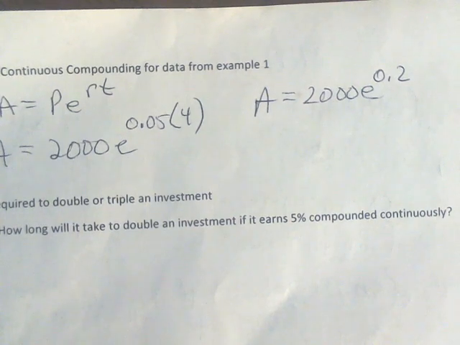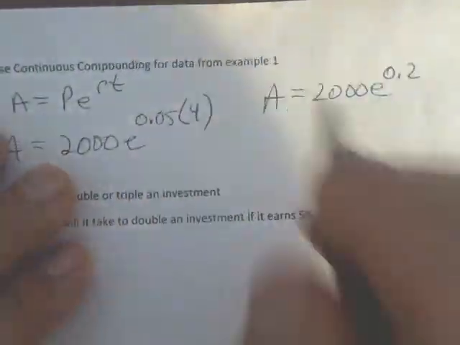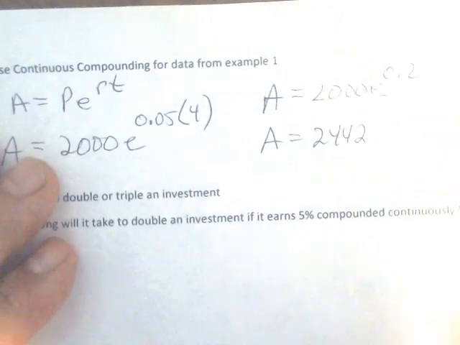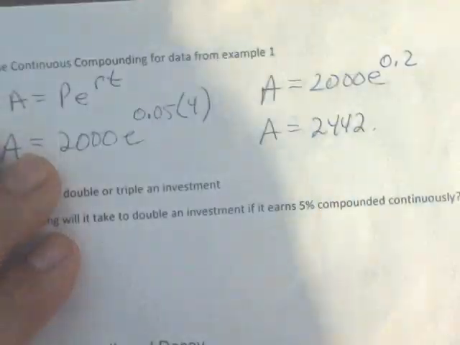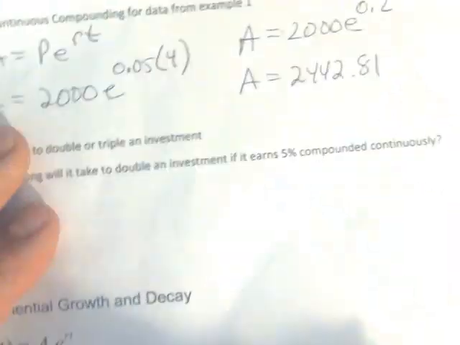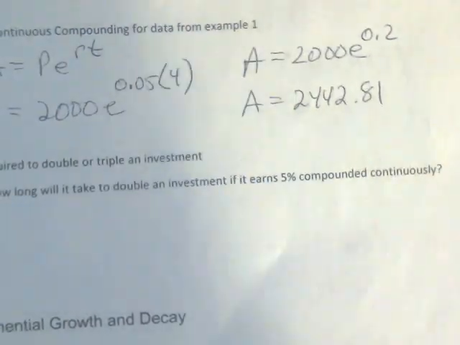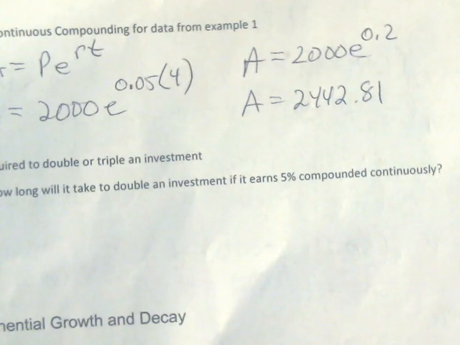These are all things we can work on in class if you have issues. But for continuous compounding, it's not much more than monthly, but it is still more. And again, over the course of time, it will make a difference. Okay, all right. So just check your work, make sure you're typing everything in correctly.